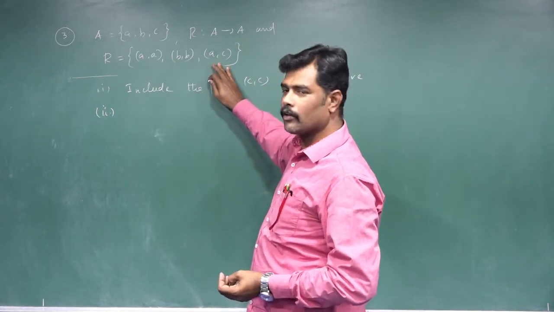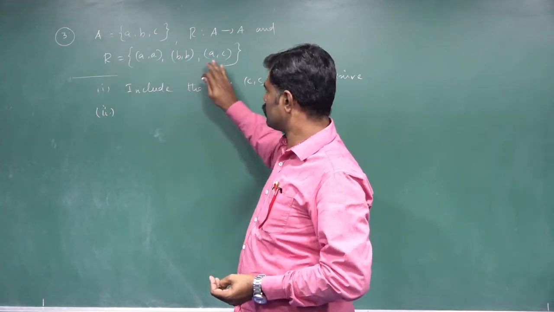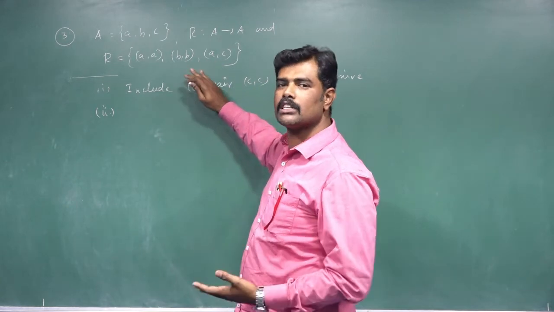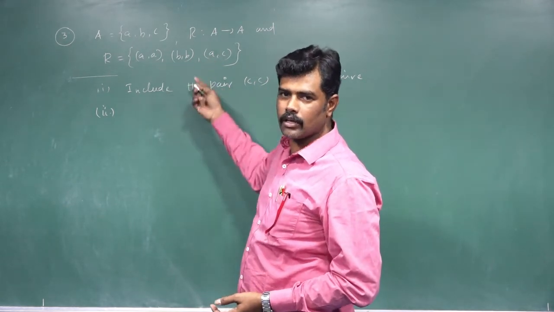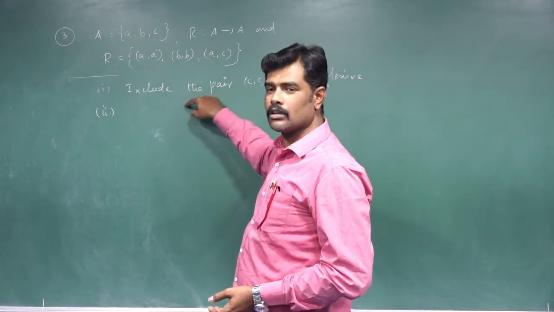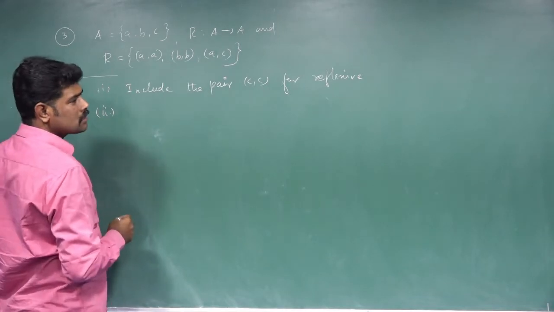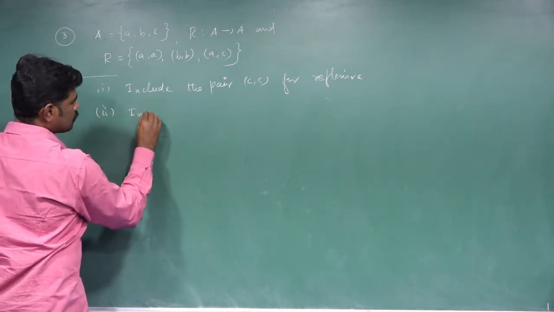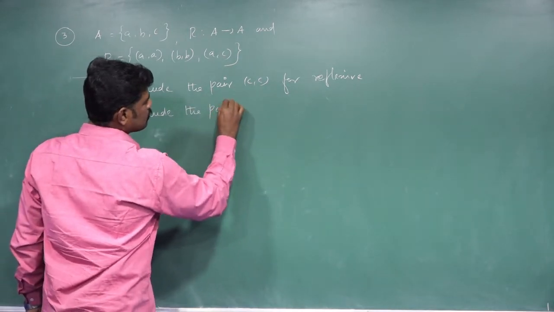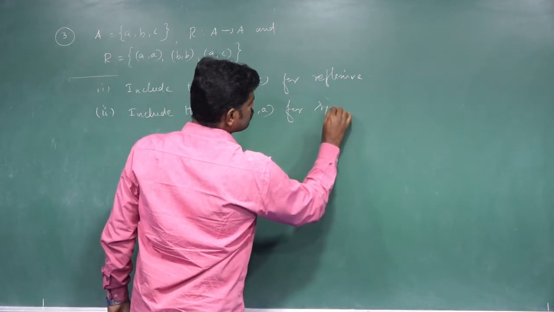See this pair: (a,c) belongs to R. If you want to say this is symmetric, surely the pair (c,a) should be in the relation R, but that is missed here. So include the pair (c,a) to make it symmetric.